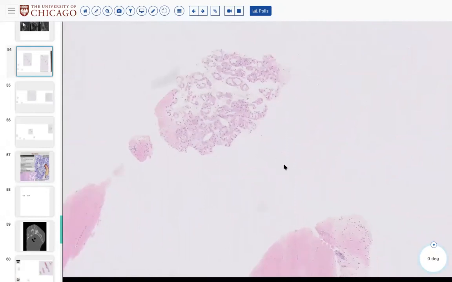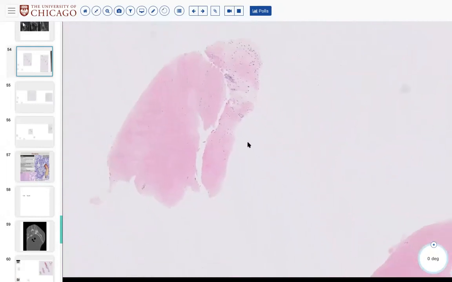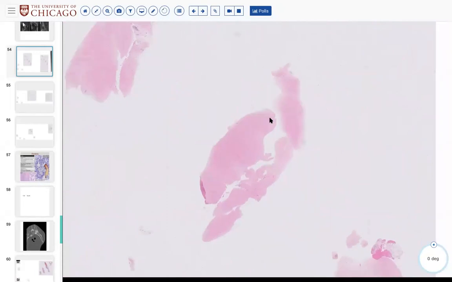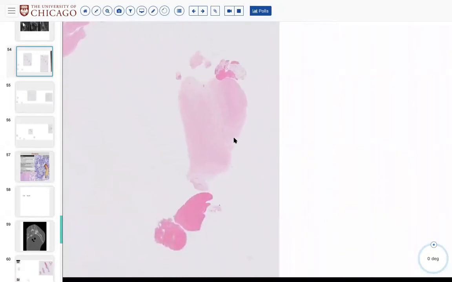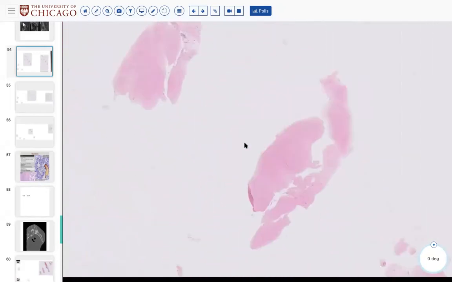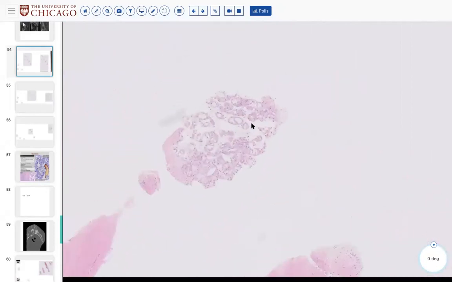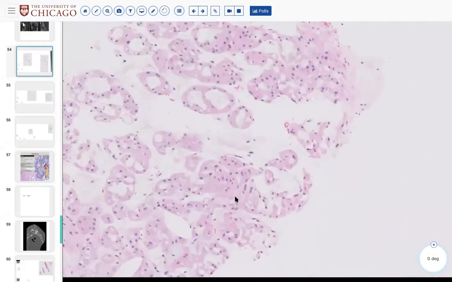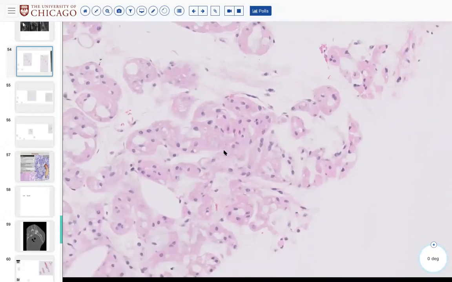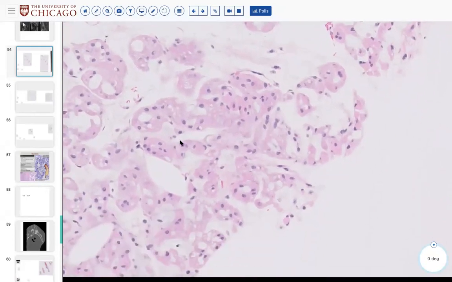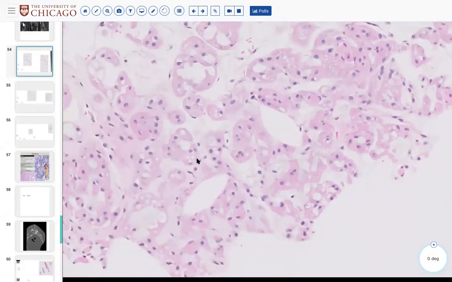Okay. How about FISA? Yeah. So it looks like there are these very bubbly kind of cytoplasm that could be like glycogen.